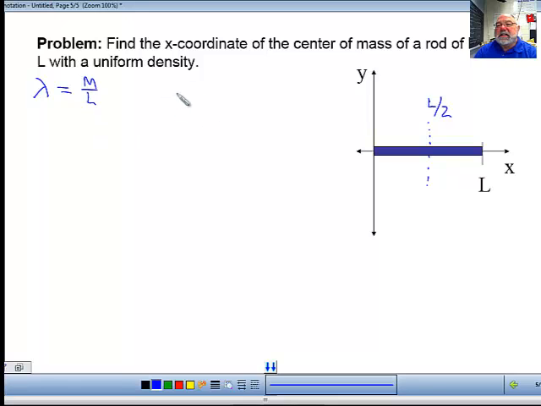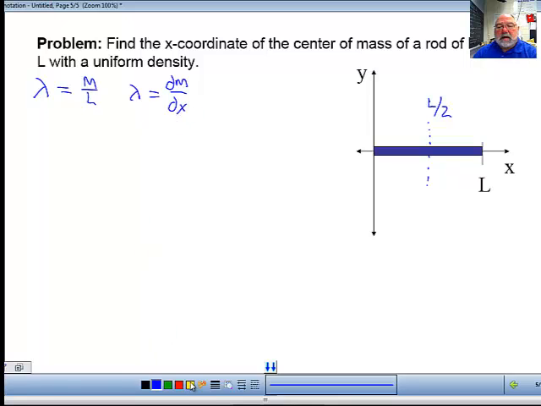Now, I need to add up little tiny slices, so I need to turn this into a differential. Okay, so lambda is equal to the little tiny masses, dm's, divided by the little tiny lengths. And because we're working along the x-axis, I'm going to call those dx's.